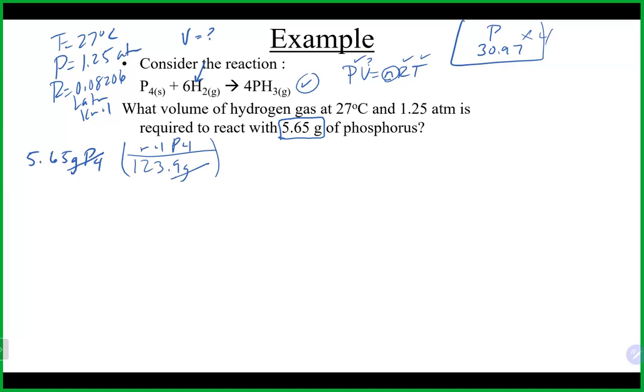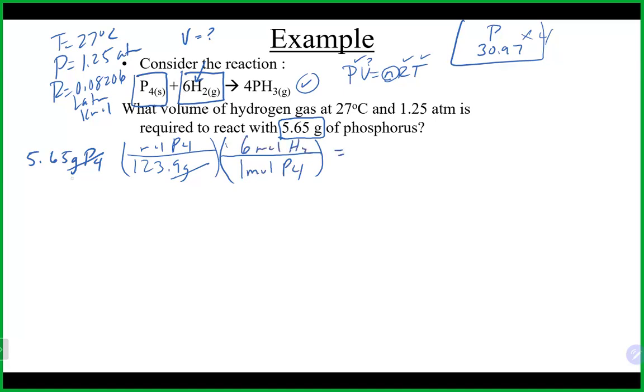We then can do the stoichiometry part, in this case between these two. You could get an answer at this point if you wanted to, or you could continue on with the calculation. I'm just going to continue on. I want to get rid of the phosphorus. From the equation, 1 mole P4 gives me 6 moles of H2.